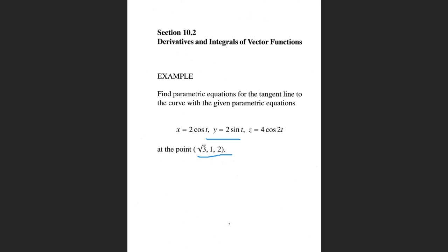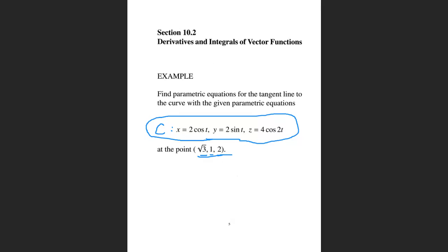We have a space curve C given by these three parametric equations. The space curve is traced out in space, and at some point it is going to pass through the point √3, 1, and 2.